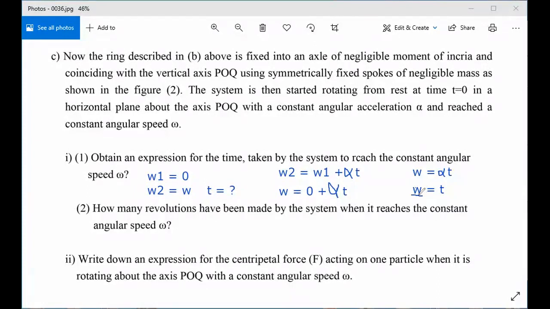Omega divided by alpha is t. That's it. Who got this answer? Please raise your hand up if you got this answer, Lamai. Very good. Happy.